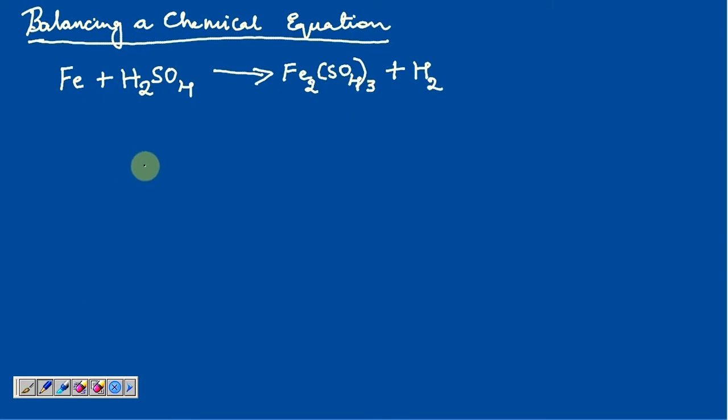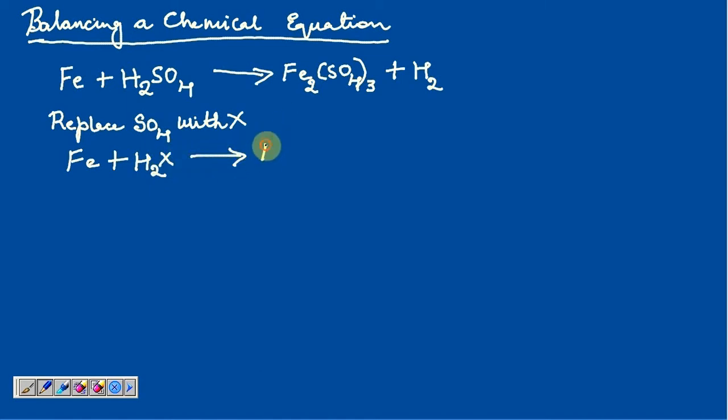In the above equation, since sulfate, that is SO4, stays together, we can replace SO4 with X. So the first step is to replace SO4 with X. We can rewrite the above equation as Fe plus H2X, instead of SO4 I am writing X, which gives Fe2X3 plus H2.